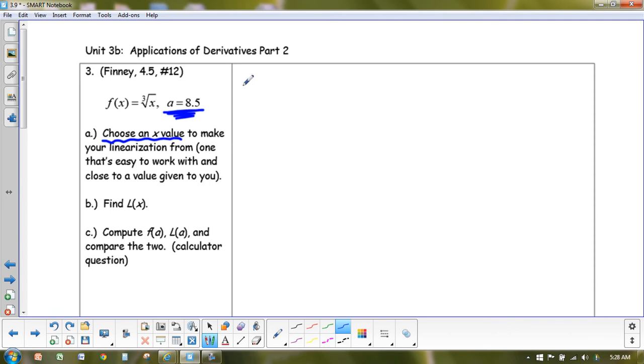So then for part B, they want you to find your linearization, L of x. So in order to do that, we want a tangent line at x equals 8. So I'm going to rewrite f of x as x to the 1/3 so that the derivative is easy. So f prime of x is 1/3 x to the negative 2/3.